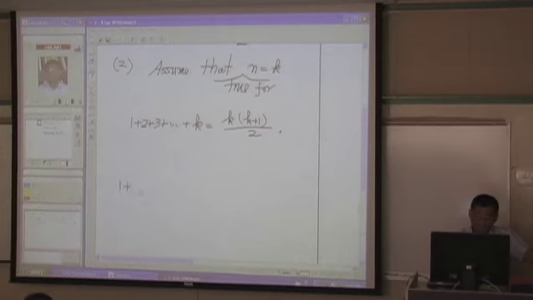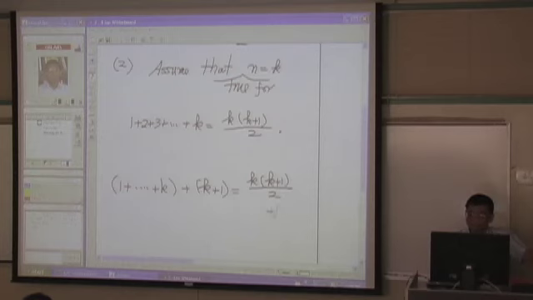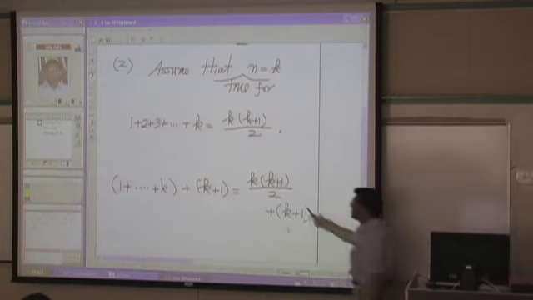Then the next step is adding K plus 1 to both sides. If I add K plus 1 to both sides, then I get this relation. Do you follow me? I added K plus 1 to both sides.